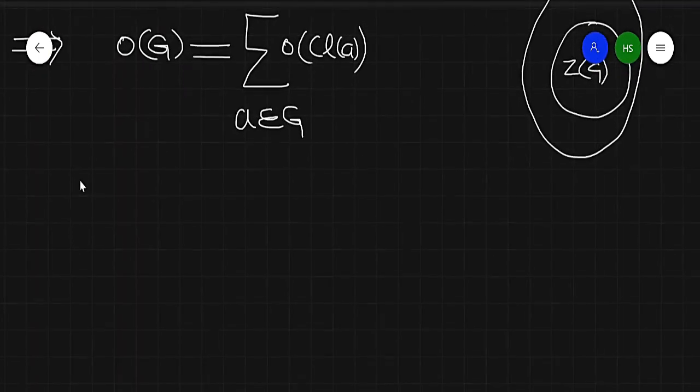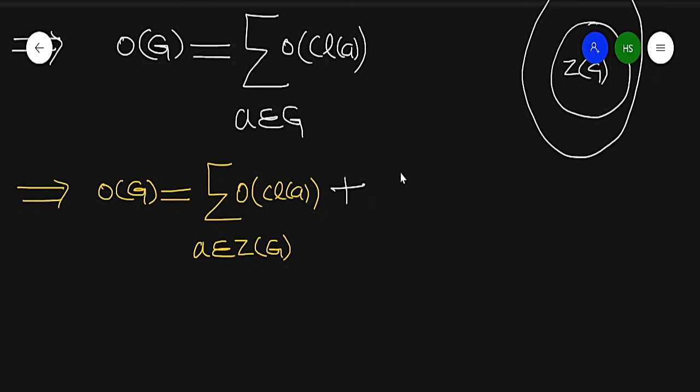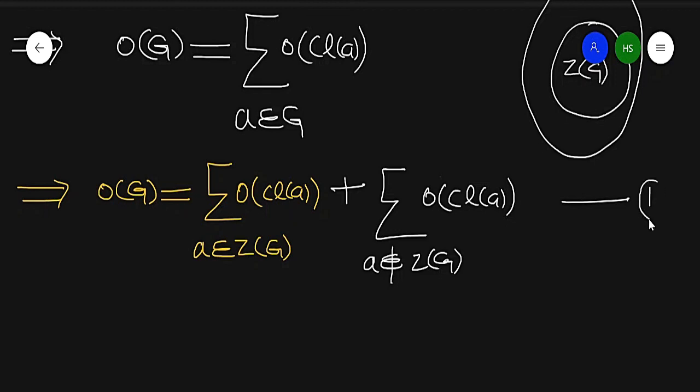One part is A belongs to the center of G and the second part is A does not belong to the center of G. So order of G is equal to the summation of order of class of A when A belongs to center of G, plus the summation when A does not belong to center of G. So I write it as equation number 1.